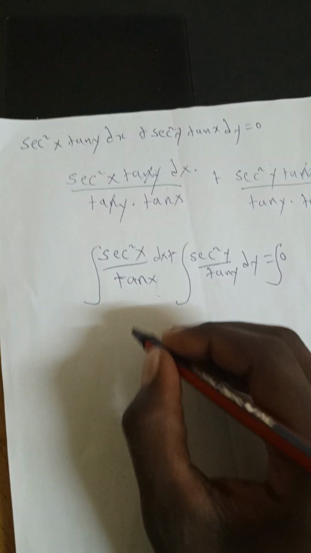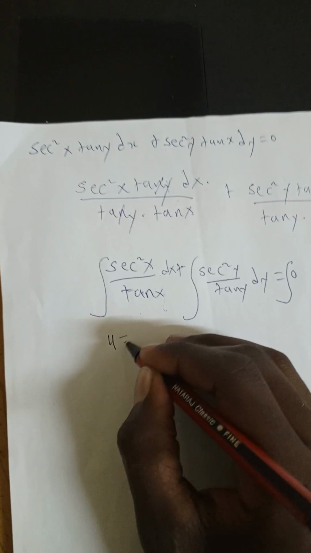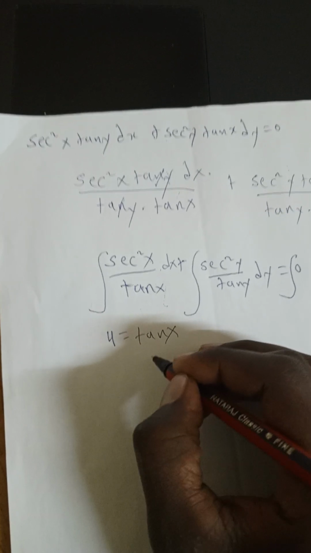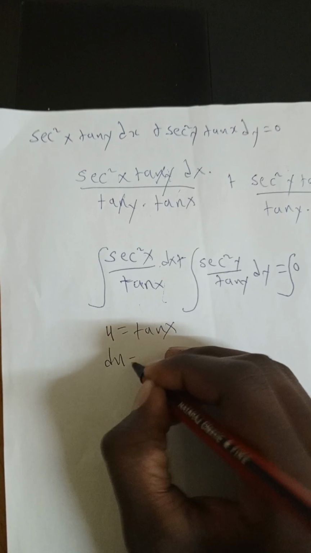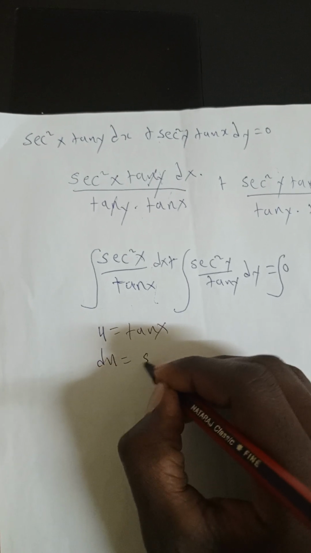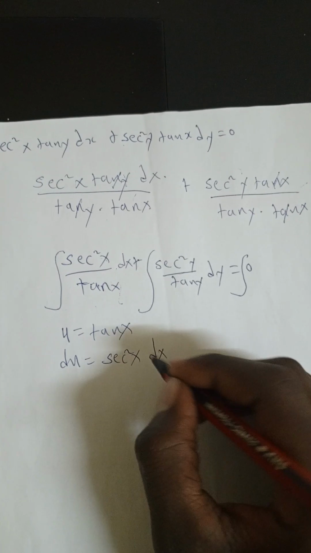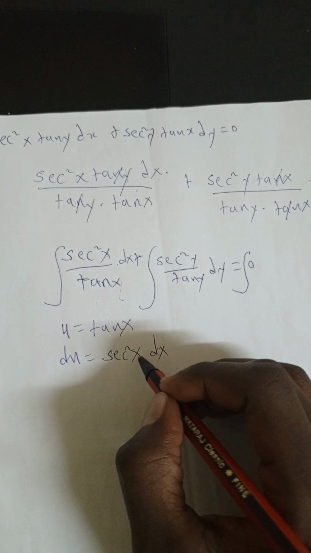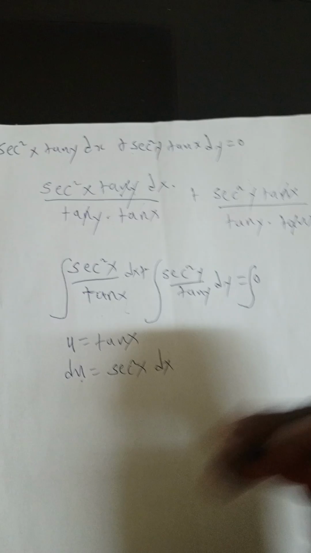So let's say that I make tan x to be my u and ask myself that when I differentiate tan, what do I get? My du will be what? The first derivative of tan, it is sec²x dx. So I can see that if I make dx the subject, this will come at the bottom, it will cancel with that. So I can use u sub.